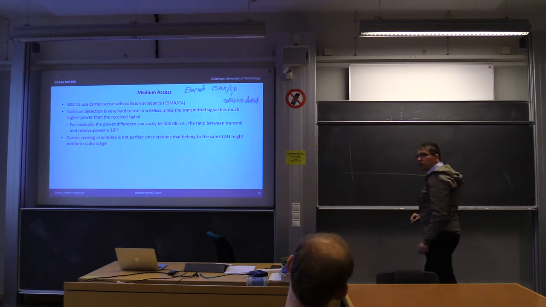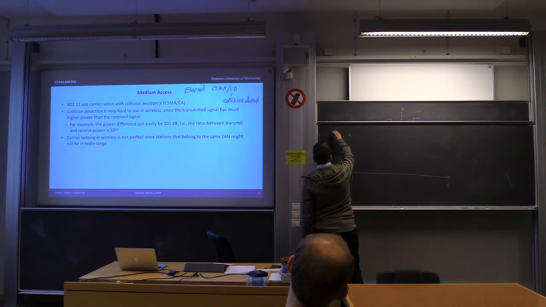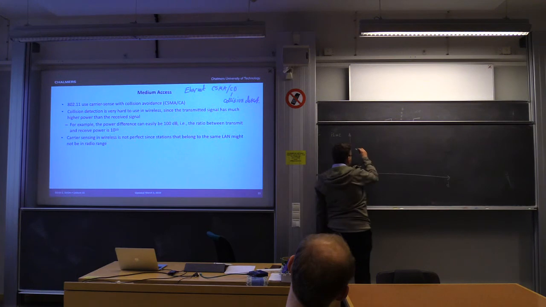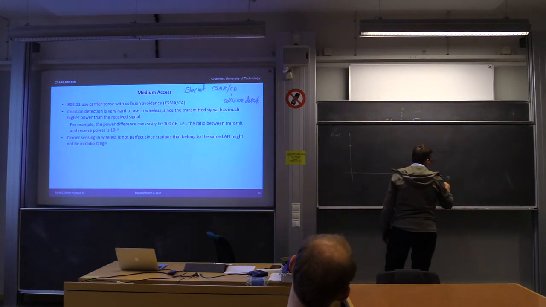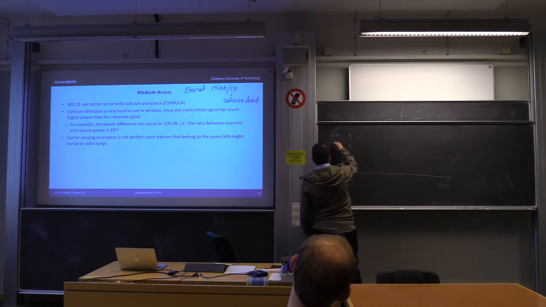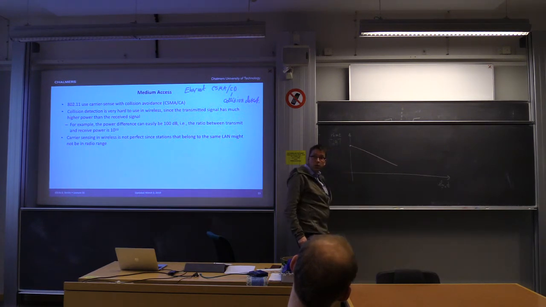here we have distance on this axis, and here we have power. If I'm at the transmitter, I transmit with a certain power, and it decays. This is in a log-log plot, so this is power in dB. It turns out that in a log-log plot, it's more like a linear decay, like this.